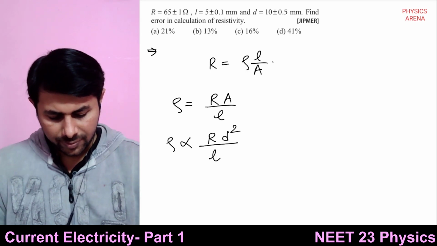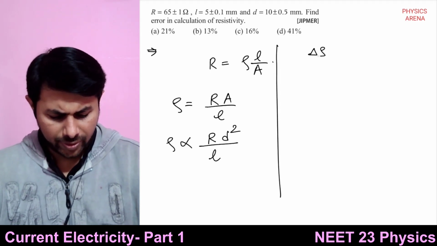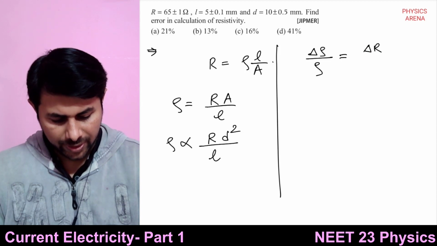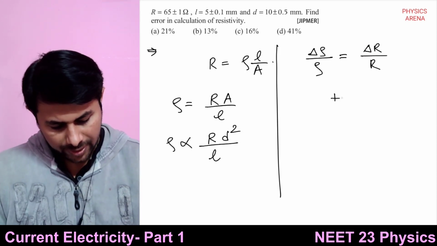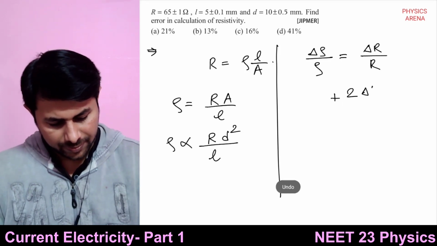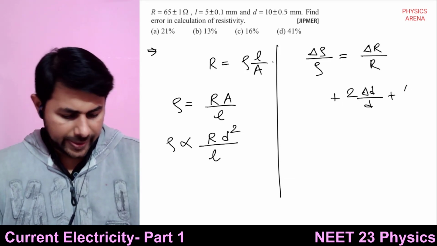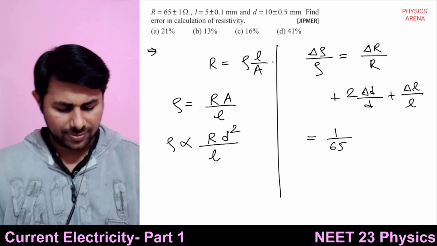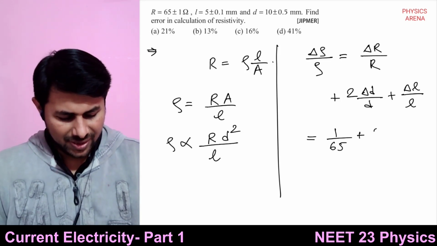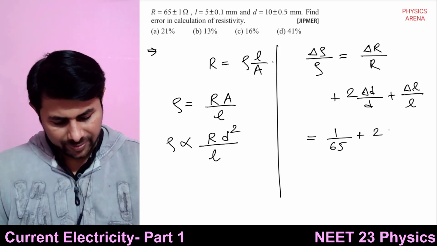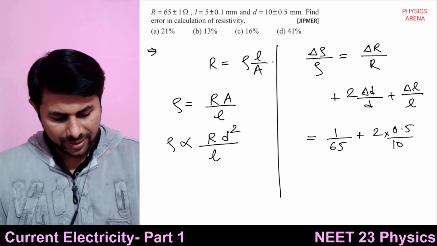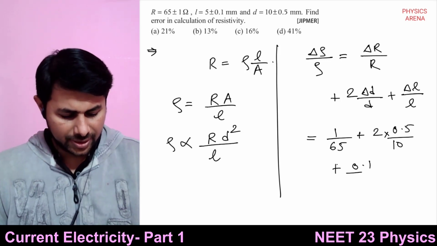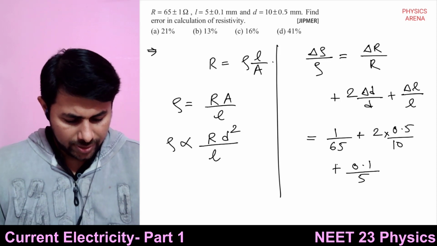We know that from dimensions, right? So delta rho divided by rho will be equal to delta R upon R, plus 2 times delta D divided by D, plus delta L upon L. So it is 1 divided by 65 plus 2 multiplied by delta D upon D, so 2 times 0.5 divided by 10, plus 0.1 divided by 5.